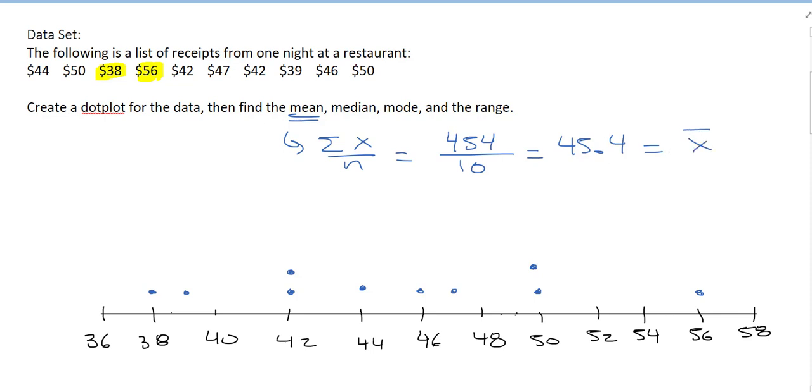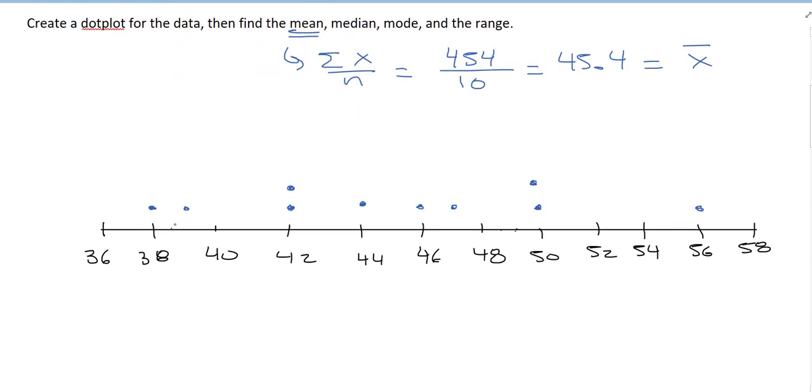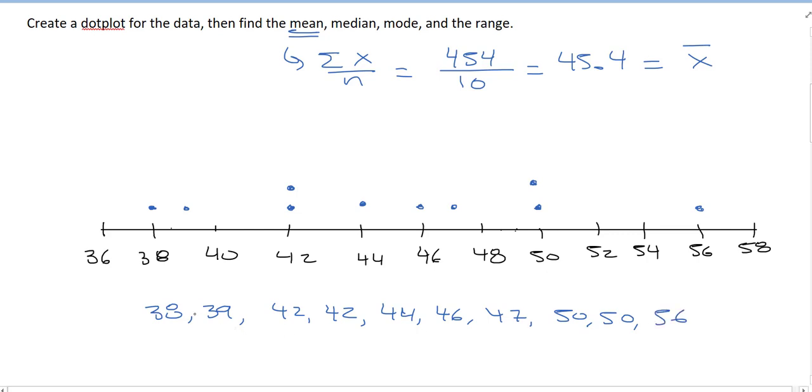The median is the value that is in the middle of the data. Now that I have my dot plot here, we can see there are 10 values. Because it's even, the median is the average of the 2 middle ones. When I order it, I have 38, 39, 42, 42, 44, 46, 47, 50, 50, and 56.